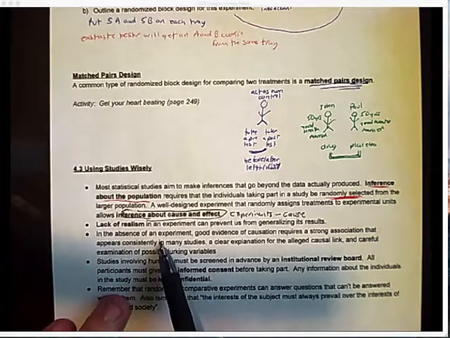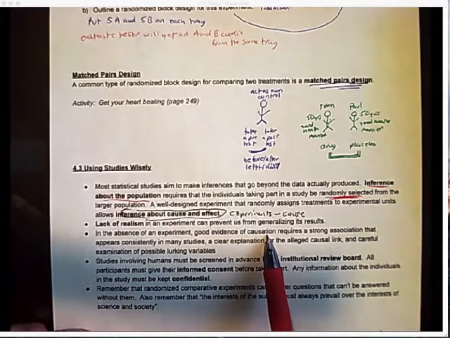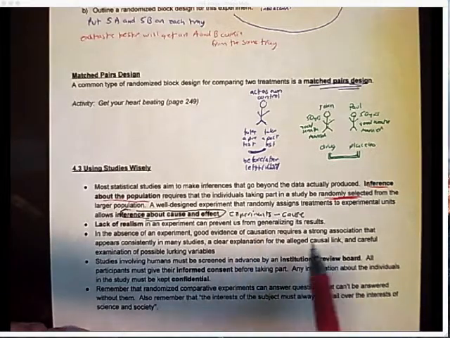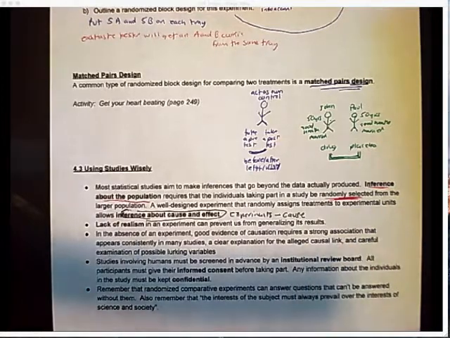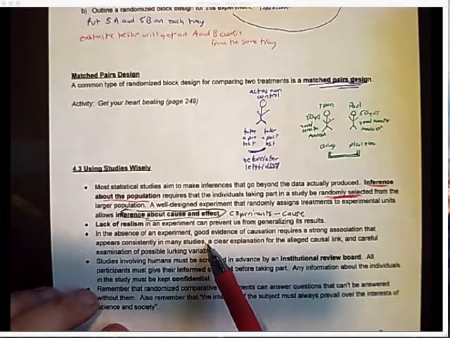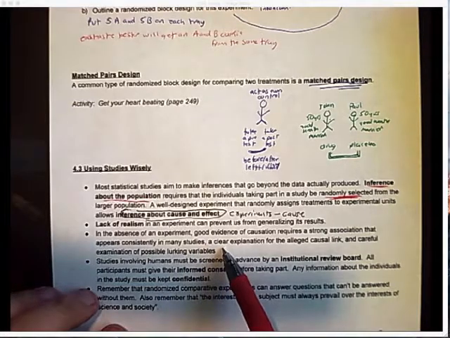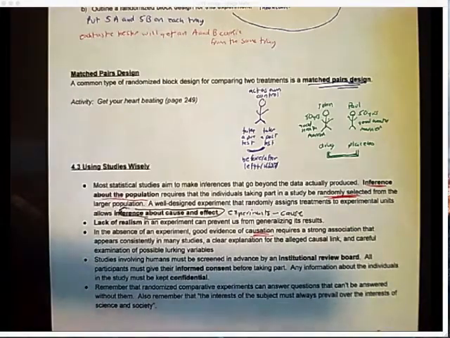The next bullet says, in the absence of an experiment, so if it's an observational study, you really can't claim causation, unless you repeat the observational studies many, many times and you get the same results, or you have consistent results in many studies. If you do a single observational study, you cannot claim causation. You can claim correlation, but you cannot claim causation.